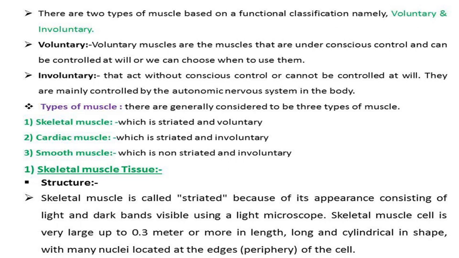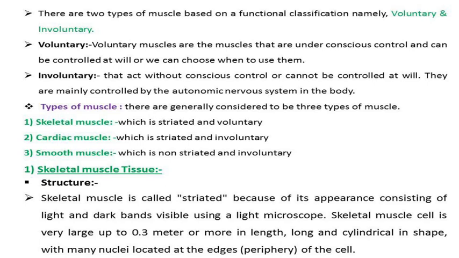Also, there are two types of muscle based on functional classification: voluntary and involuntary. Voluntary muscles are the muscles that are under conscious control and can be controlled at will, so we can choose when to use them.